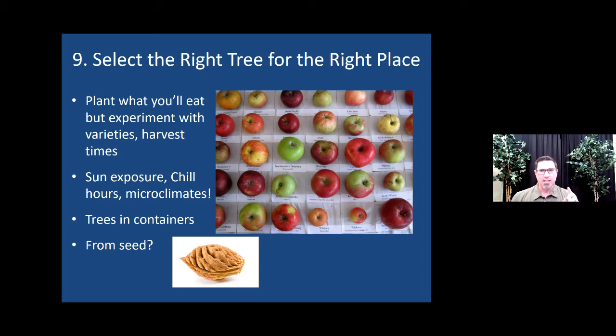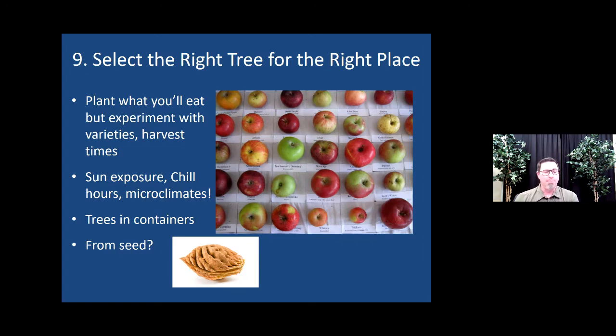Now, I get a lot of questions about growing fruit trees from seed, and it's not that you couldn't do that, it's just that you don't necessarily know what you're going to get, right? So when you take that peach pit off of the John Muir peach and you plant it, you're not going to get a John Muir peach. You're going to get a genetic scramble, and you don't really know what you're going to get.